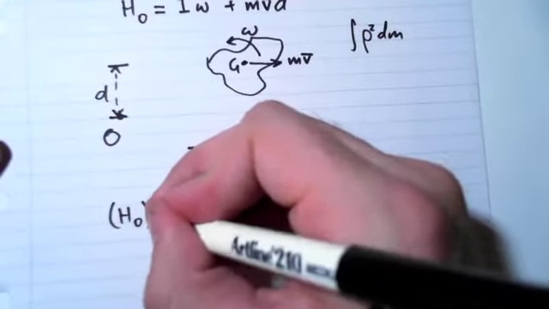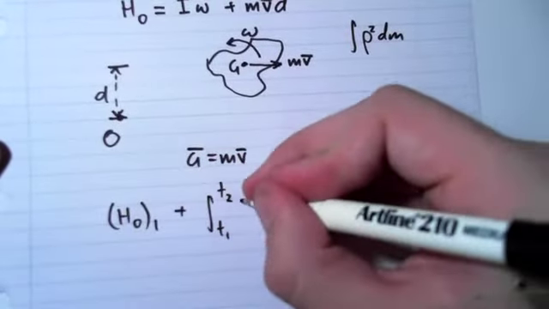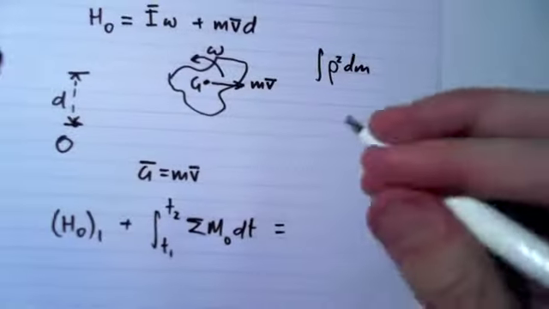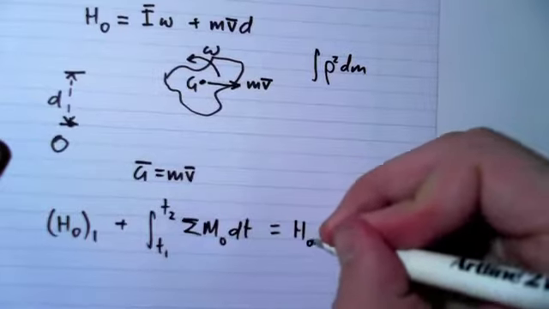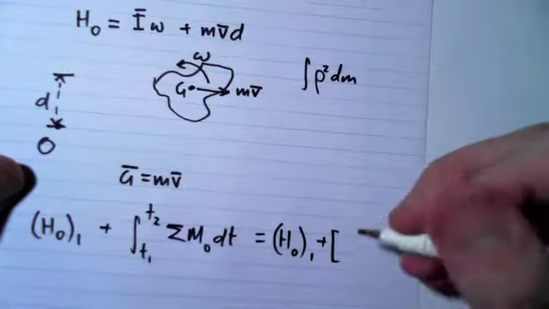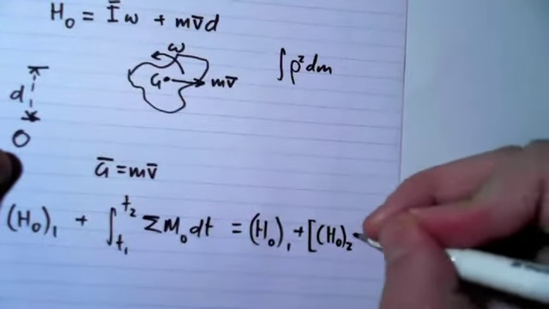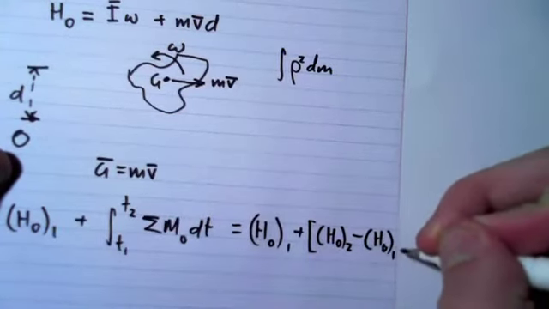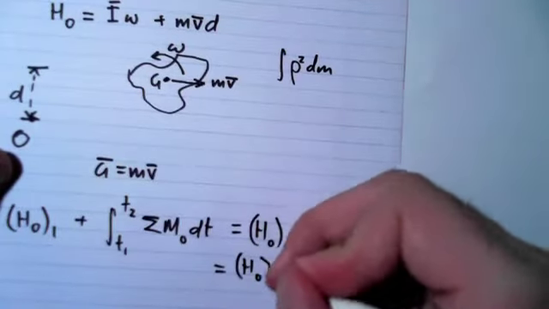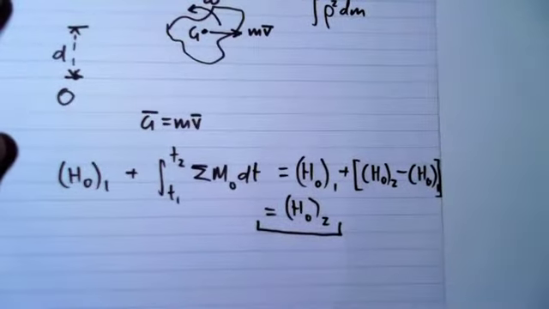H0, or H about the origin 1, plus the integral from t1 to t2 of the sum of moments about point O dt equals... this is getting a bit repetitive, but this is how it works. And this is our resultant angular momentum.